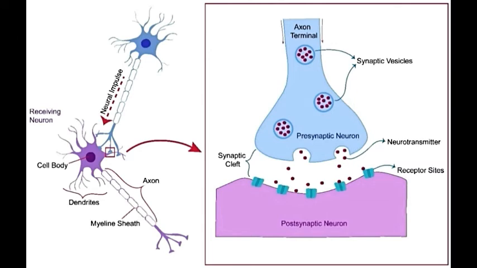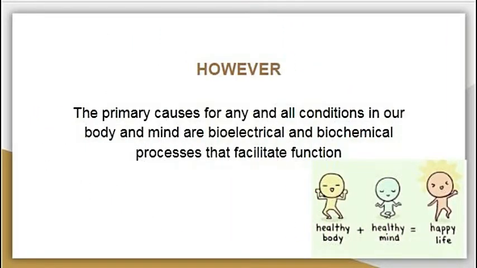So you've got this constant loop between the chemicals and the electricals, and the electrical processes create more chemicals, and the chemicals facilitate more electrical processes, and that ultimately determines how the brain and the body functions. And of course, the factors that we've mentioned, particularly amongst the causes, also play a role towards this.